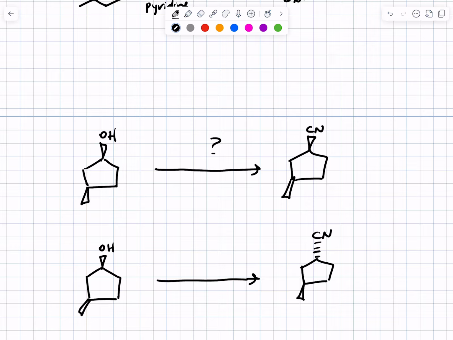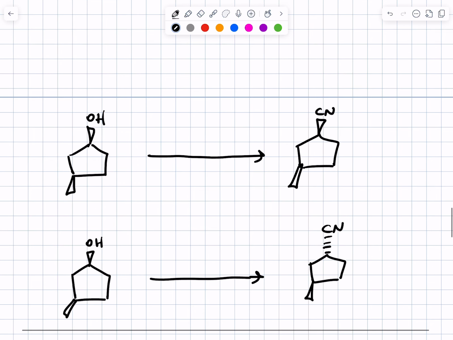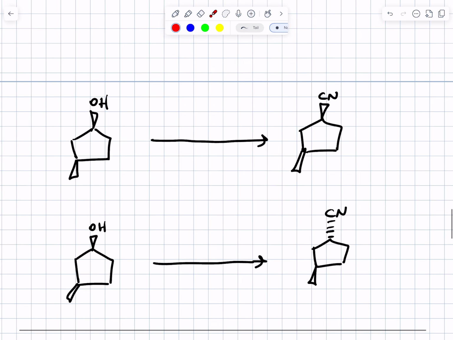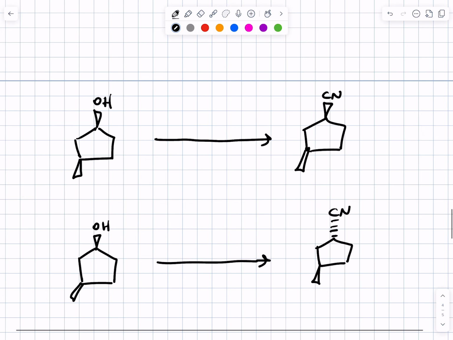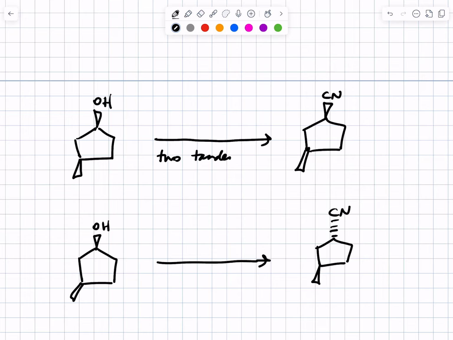Okay. This is where thinking forwards and backwards through the reactions can be useful. Up above, if I notice that OH has been replaced by CN-, but the stereochemistry hasn't changed, I know that OH is not a good leaving group. So the fact that it's still a wedge there suggests I had to do two tandem SN2 reactions.